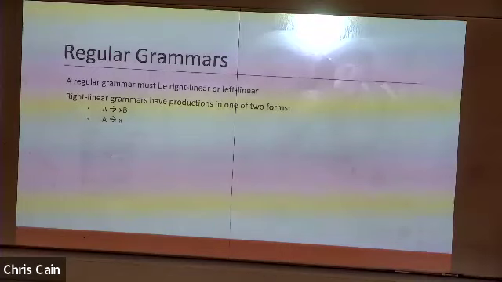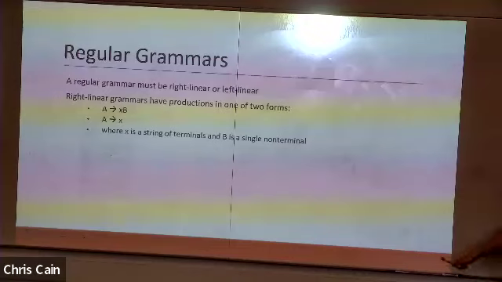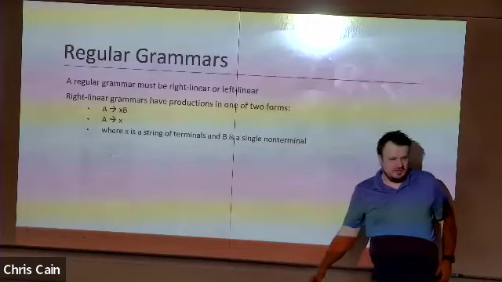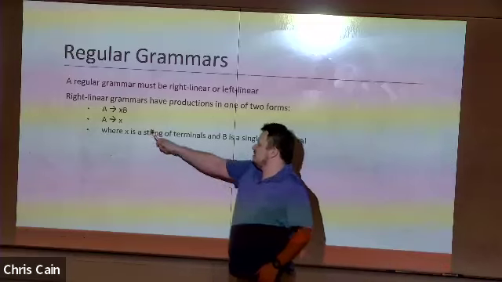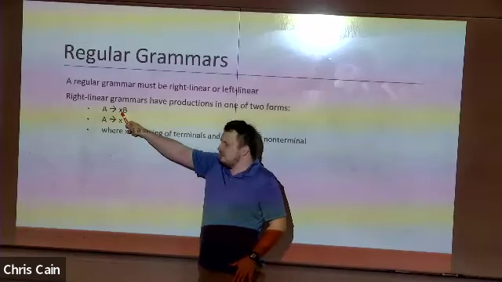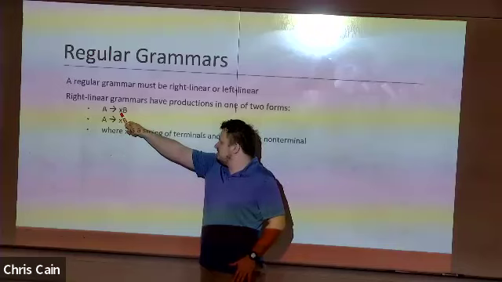the second, and we will define here that X has to be a string of terminals. And this B represents a single non-terminal. So this could be as many terminals as we want. Could be 10 terminals, could be 0 terminals.